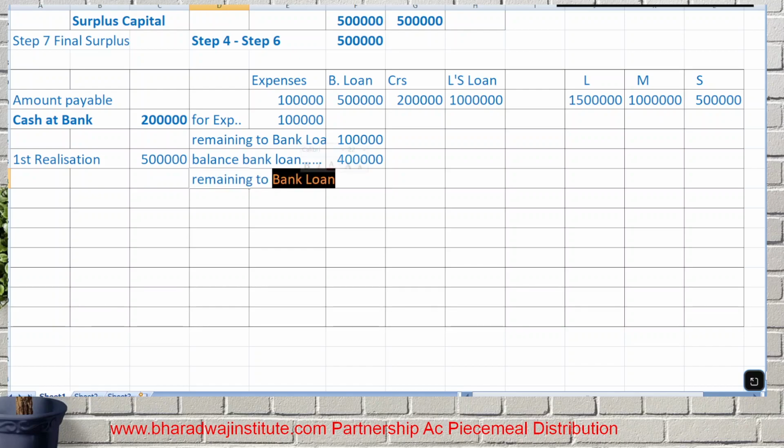Remaining is creditors. How much of the creditors balance will be paid? 1 lakh. Using this 5 lakhs, we pay the balance of the bank loan and 1 lakh of creditors.